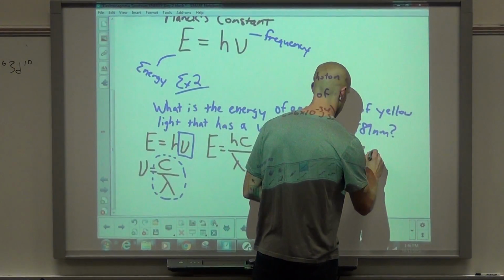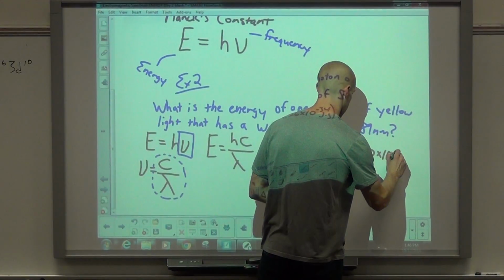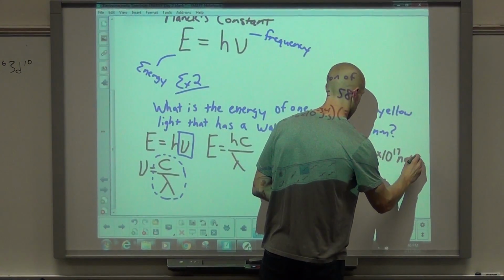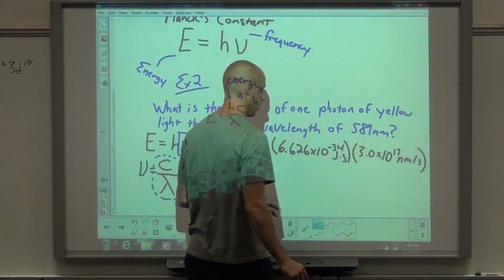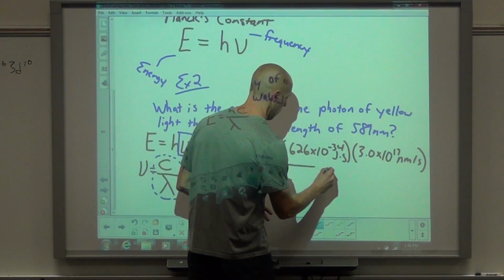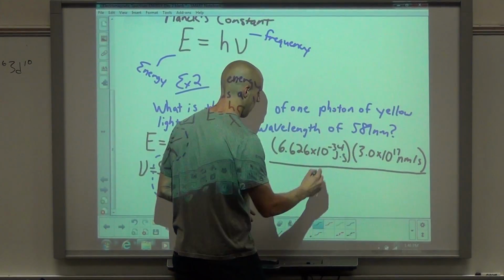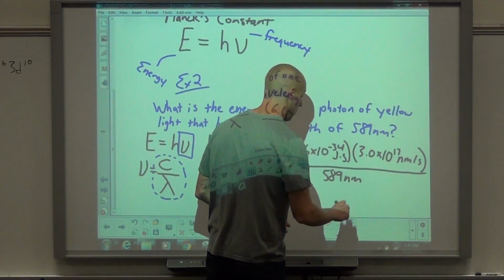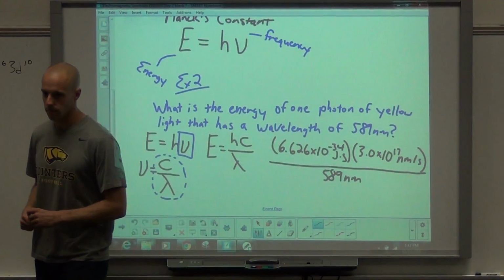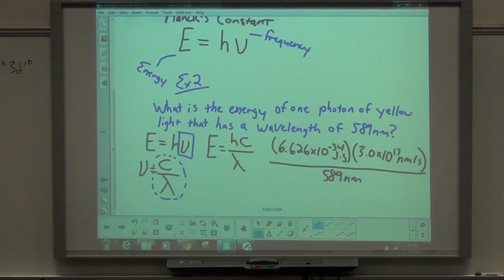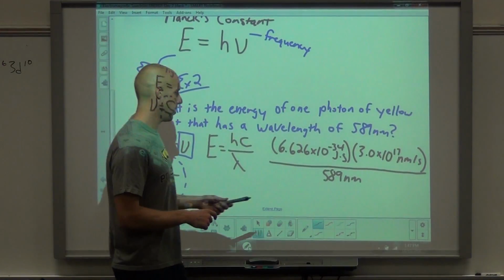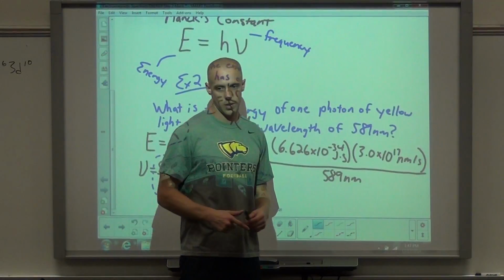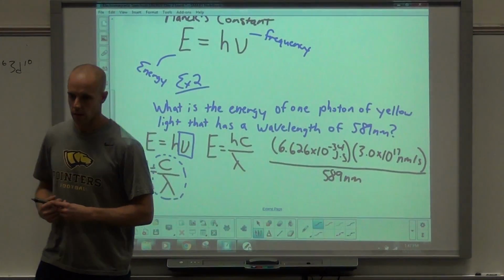So we're going to write 3.0 times 10 to the 17th nanometers per second, and we divide by 589 nanometers. It's super important. This unit here has to match this unit here. You're going to get the wrong answer.